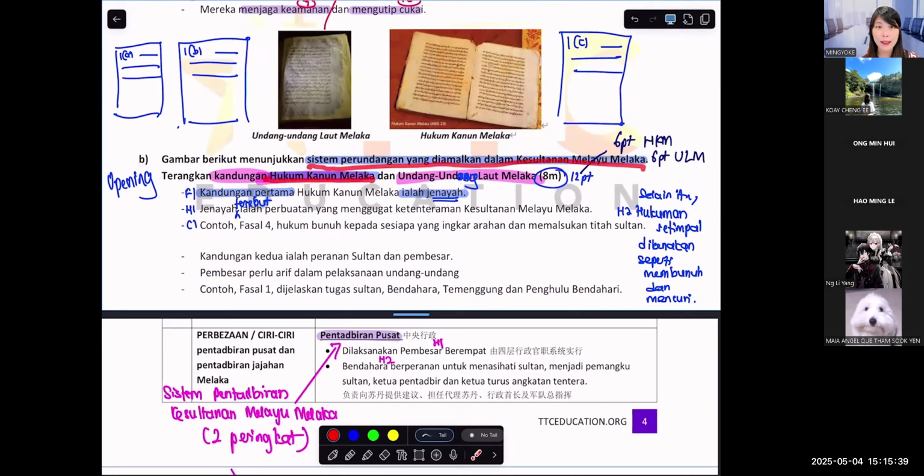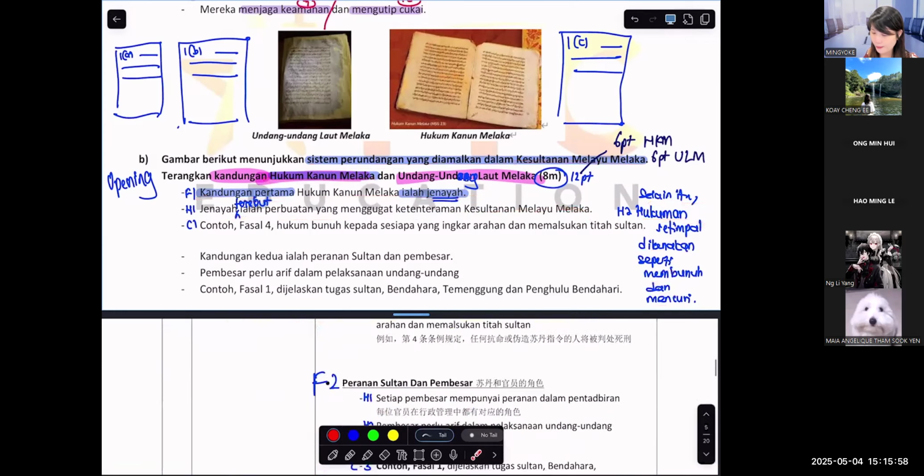iaitu Hukum Kanun Melaka. Kandungan pertama ialah jenayah. Full stop. Jenayah tersebut ialah perbuatan yang menggugat ketenteraman Kesultanan Melayu Melaka. Full stop. Selain itu, hukuman setimpal dikenakan seperti membunuh dan mencuri. For example, here.